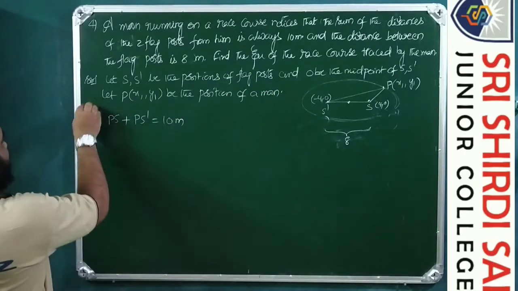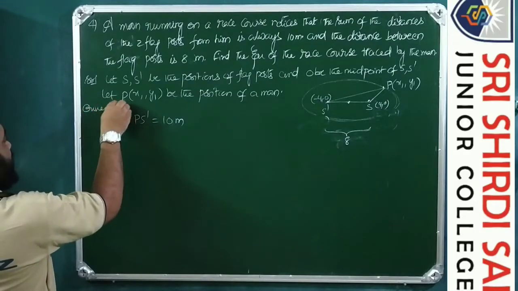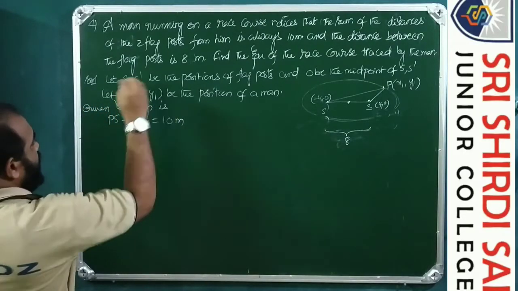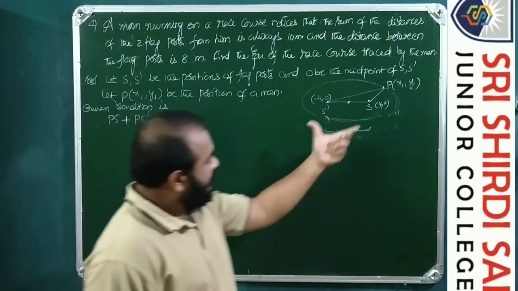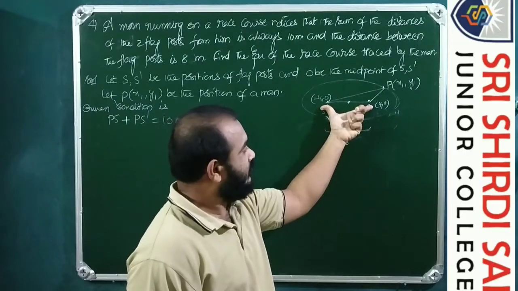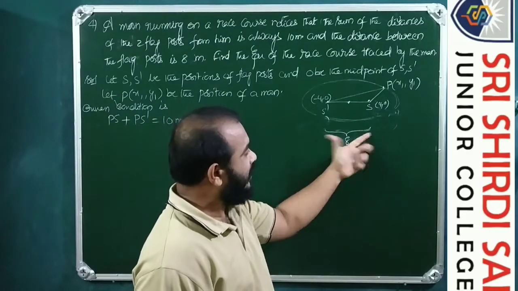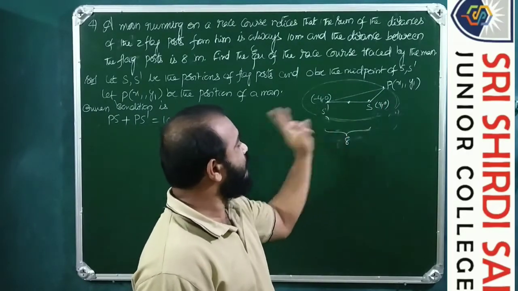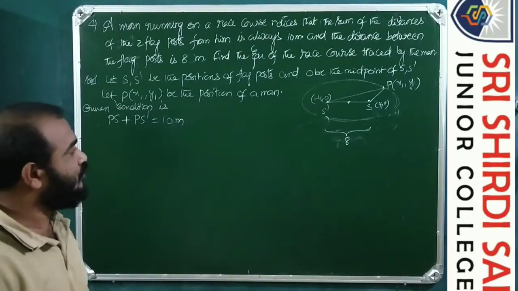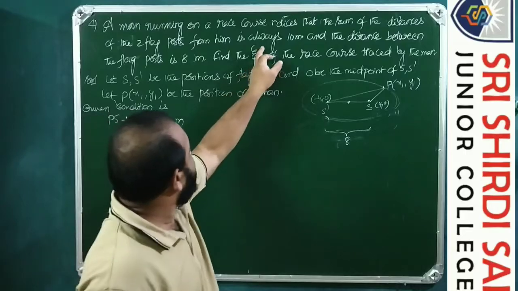So the given condition is the distance between the two foci S and S dash is 8. That means this is 4 comma 0, this is minus 4 comma 0. So the given condition is PS plus PS dash equals 10 meters.